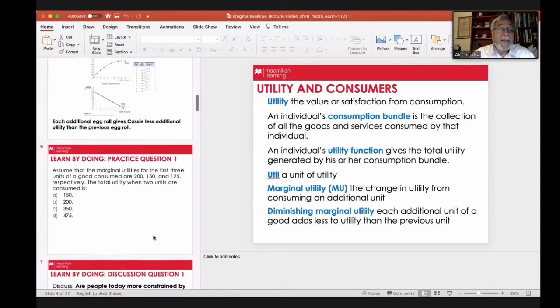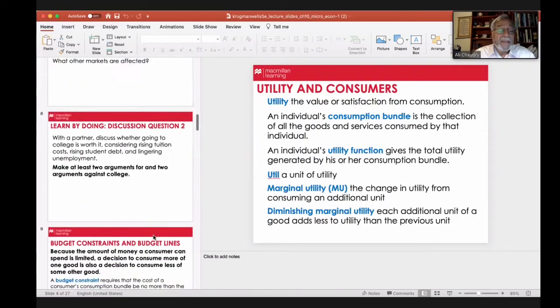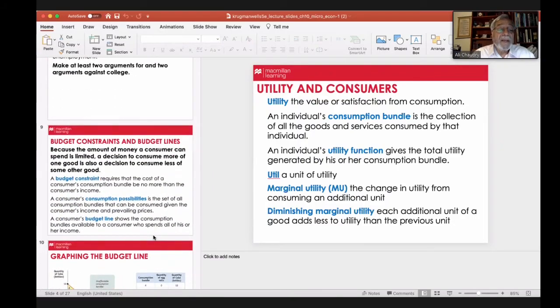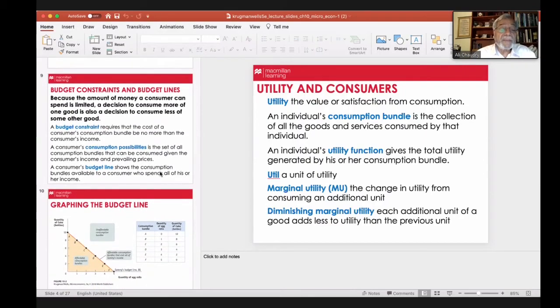Okay? If that's the case, then the behavior of consumers is reflecting that. That is, as people consume more and more, the marginal utility will decline and they will reach a point where the maximum utility is reached, okay? And we then want to derive a principle that will say, what are the consumption possibilities, right?